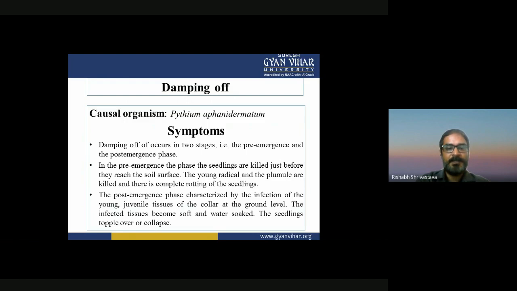The young radicles and the plumules are killed, and there is complete rotting of the seedlings. The post-emergence phase is characterized by the infection of the young juvenile tissue of the collar at the ground level. The infected tissues become soft and water-soaked. The seedling topples over or collapses.